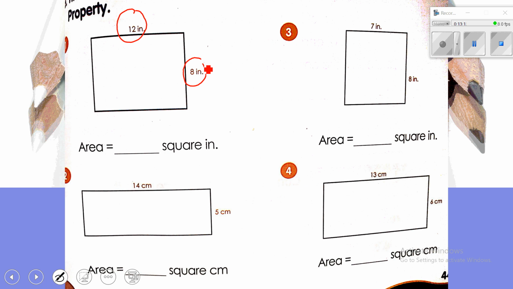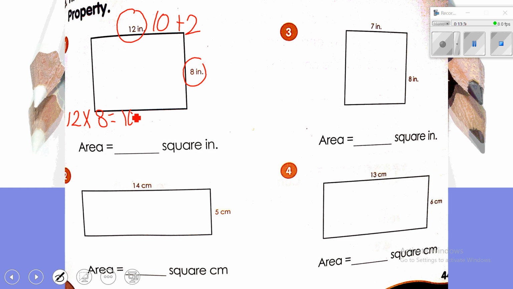So give me two numbers equal 12. Think. Excellent. The easiest thing is 10 plus 2. So let's start our work here. I will say 12 multiplied by 8. Let's make the distributive property.